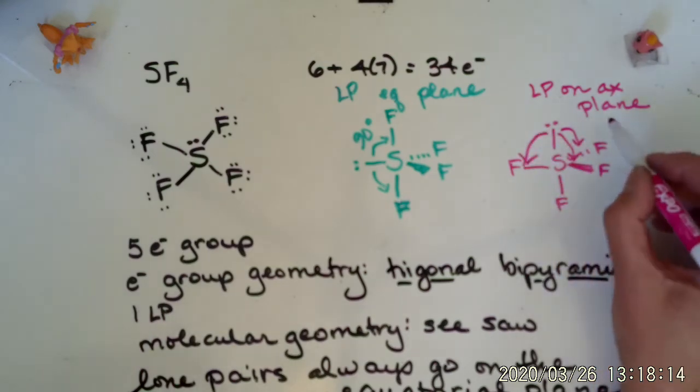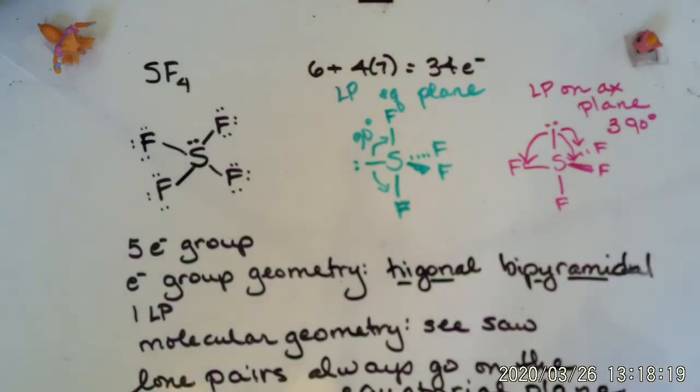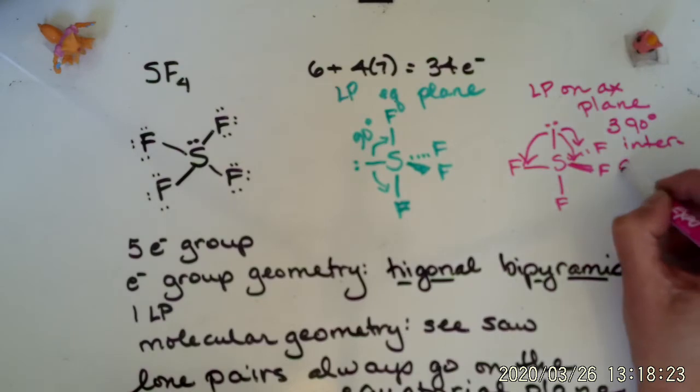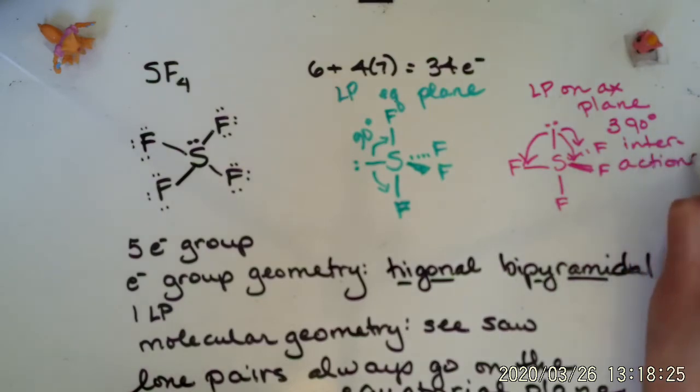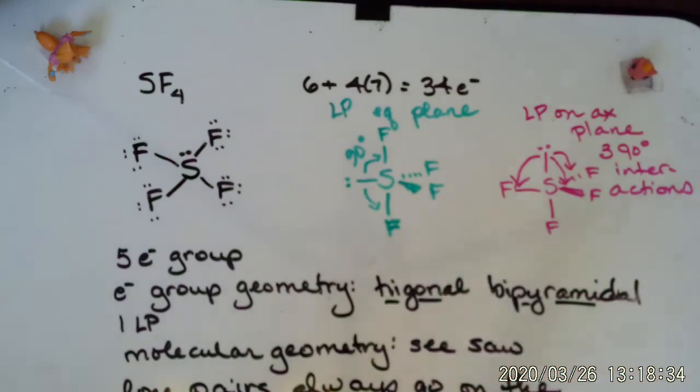I have 3 90-degree interactions. Okay? So, 2 versus 3, 90 degrees being close, that means that this one is more favorable.